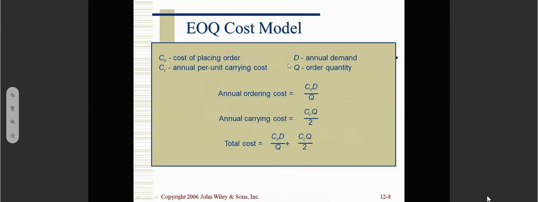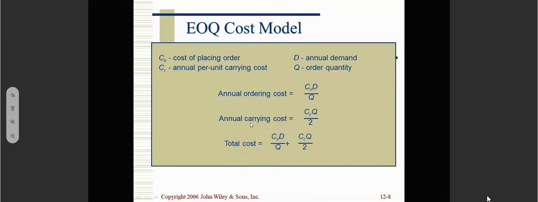So this is the formula for the EOQ model cost. We have the annual ordering cost, whereby the ordering cost is multiplied by the annual demand and divided by the optimum order quantity. Or we can also divide the annual demand by the optimum order quantity, and after that multiply by the ordering cost.